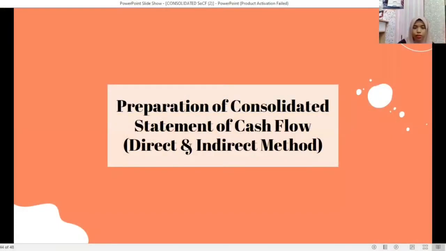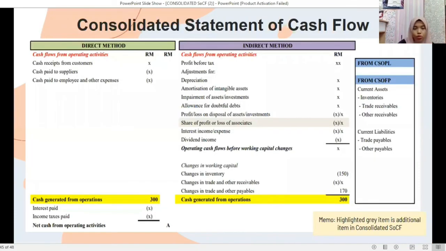Okay, now I will continue with preparation of the consolidated statement of cash flow. As we know, to prepare a statement of cash flow, there are two methods, which are the direct method and the indirect method. The way we prepare the consolidated statement of cash flow is the same as for the single company that we prepared before.